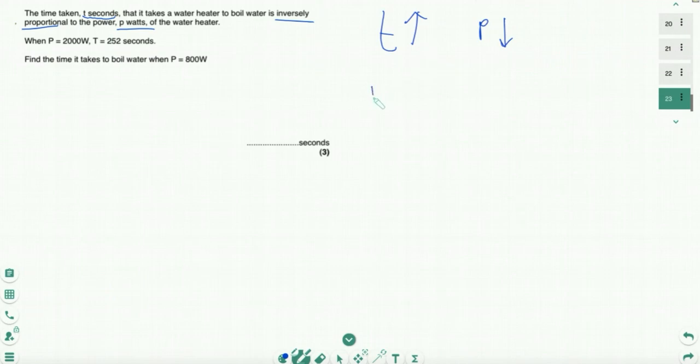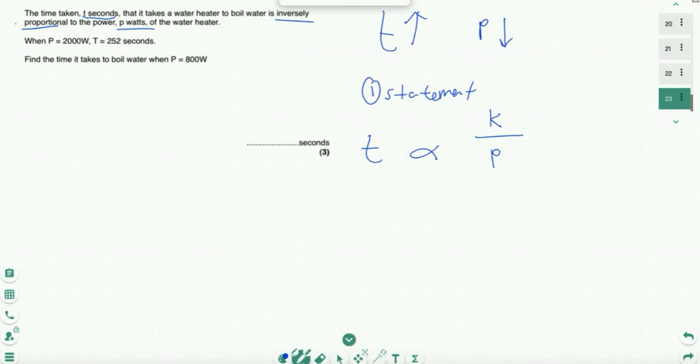So step 1, let's just write our statement out. Now, whenever we do inverse proportion, our K value, our constant, is going to be placed somewhere else. So T is proportional to P. Now, whenever we do inverse proportion, our constant is going to go above P, all right? So T is proportional to K divided by P, all right? That's our step 1.